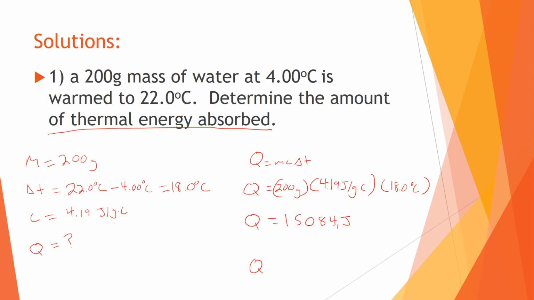I'm going to do this by moving the decimal place 1, 2, 3, 4 places. So I get 1.51, right? I'm rounding here, times 10 to the 4th joules. All right, so now I have 3 significant digits and I have the correct units. So 1 mark, 1 mark, 1 mark.